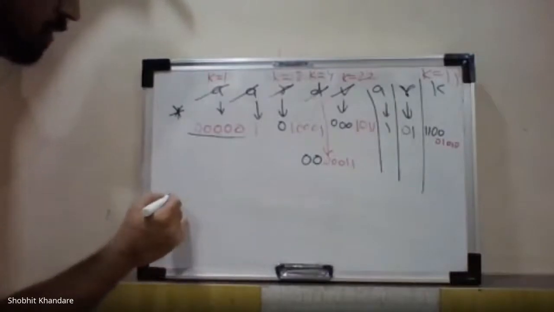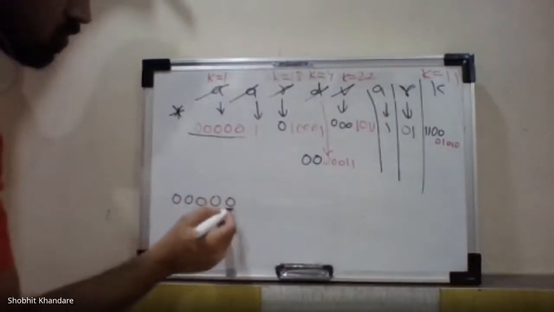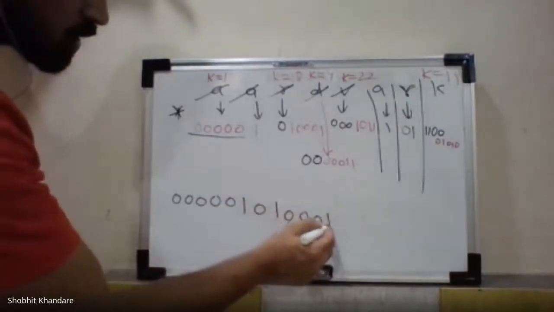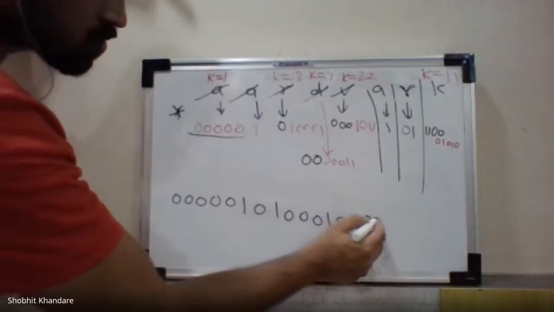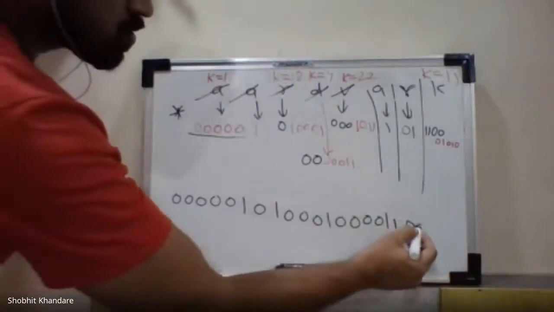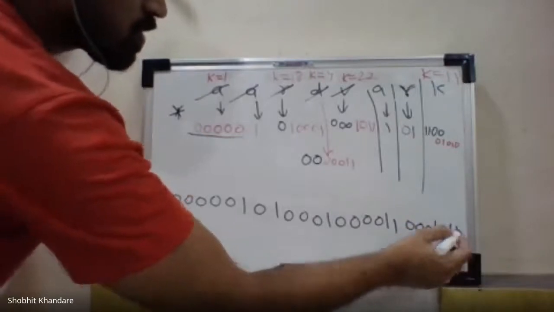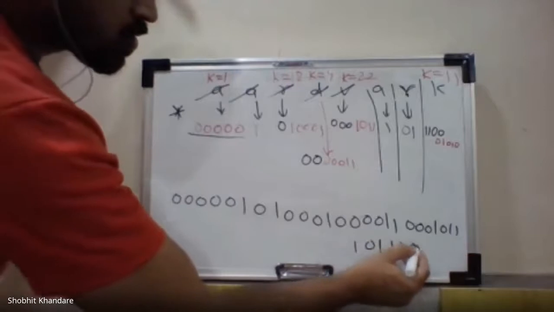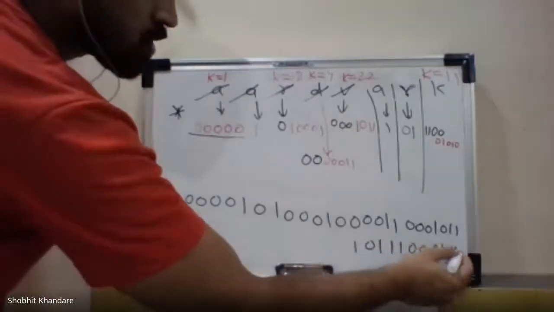Okay, it is 0 0 0 0 0 1 0 1 0 0 0 1 0 0 0 0 1 1, then 0 0 0 1 0 1 1, यहाँ पे लिख रहा हूँ मैं नीचे 1 0 1 1 1 0 0 0 1 0 1 0.